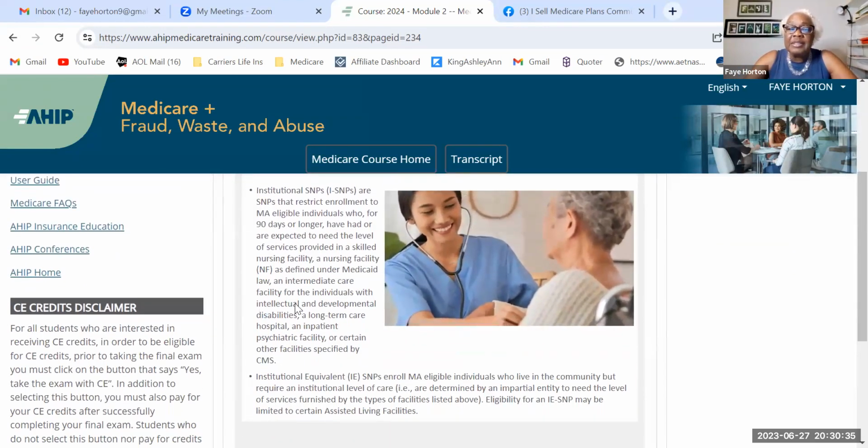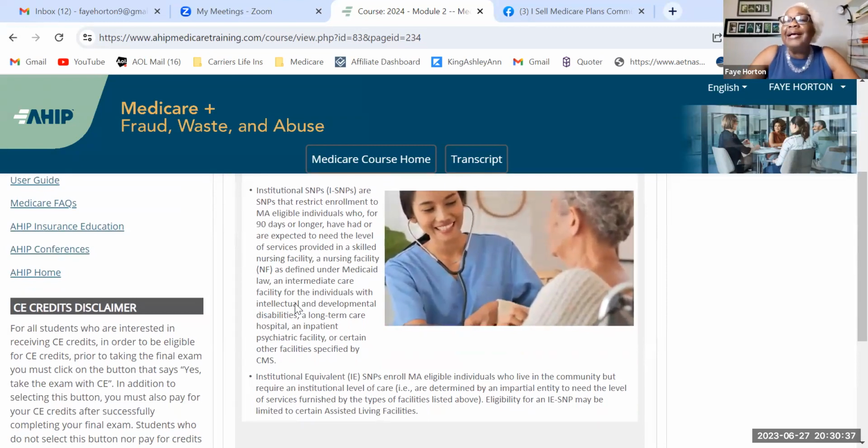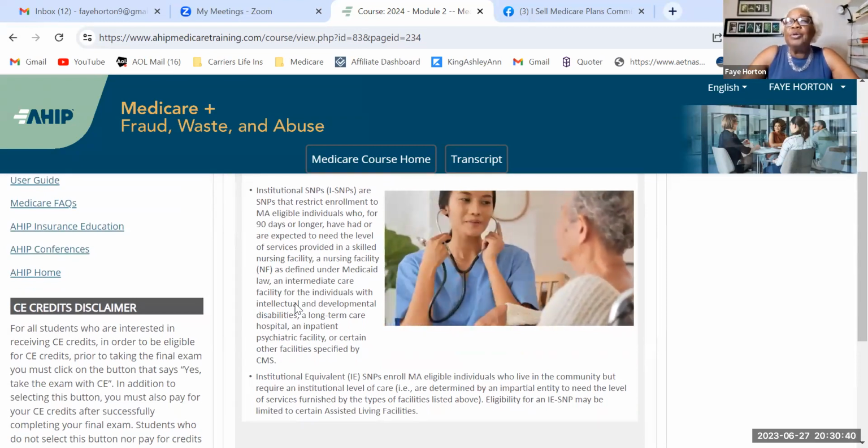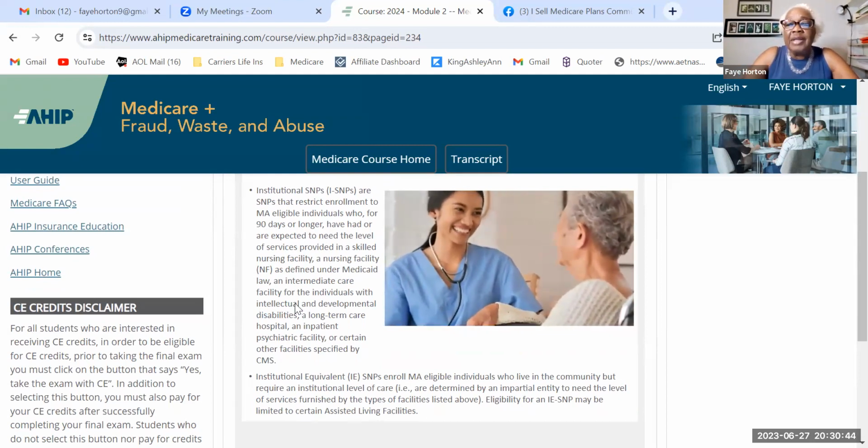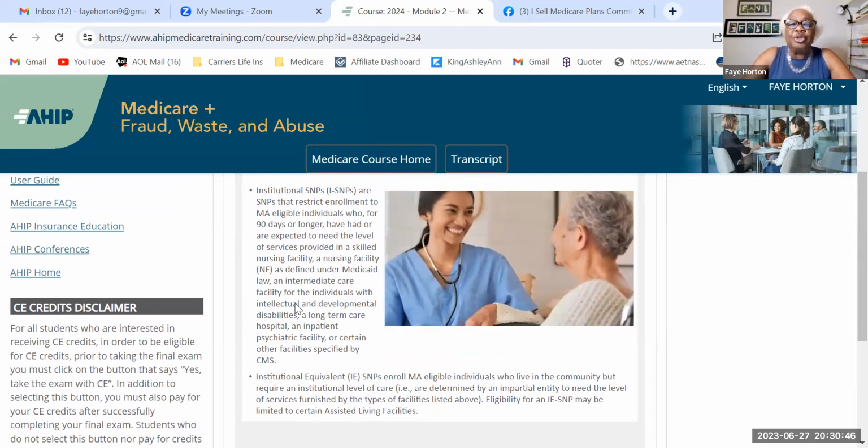Here's some other SNPs. This one is an I-SNP. This is someone who is in an institution. Most of us will not be selling institutional plans. Most of the carriers have specific representatives who are trained, and they actually take care of the institutional SNPs.